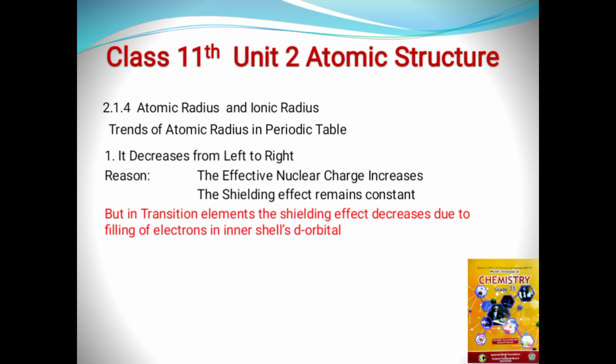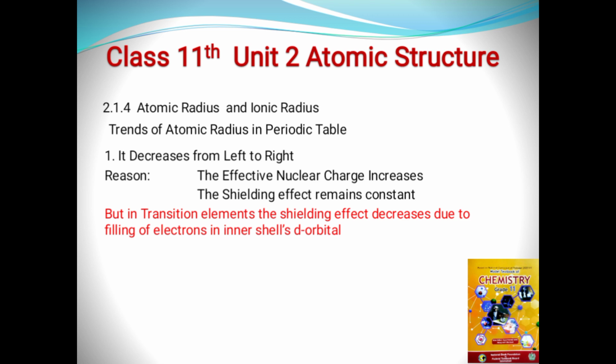But in transition elements, the shielding effect decreases due to the filling of electrons in inner d shells or inner d orbitals. Students, here you should remember that in transition elements the shielding effect decreases as we move from left to right in a period because of the addition of new electrons in the d orbital, and the d orbital's shielding effect is lesser as compared to p orbitals or s orbitals.